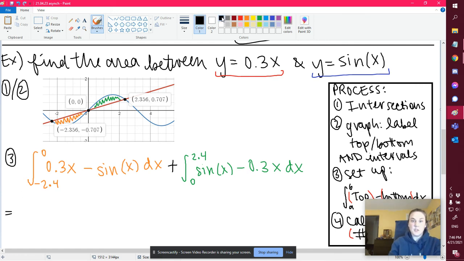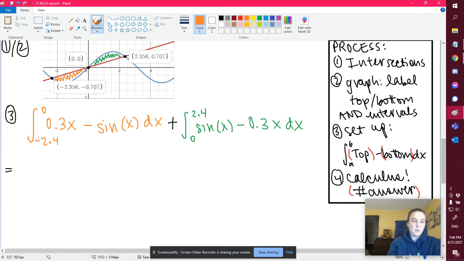Let's do some integration. Our functions are simplified, right? So now the thing to do is use our notes to find the antiderivatives. The antiderivative of this is 0.3 divided by 2 times x to the power of 2. That's the power rule. And then the antiderivative of negative sine is positive cosine.